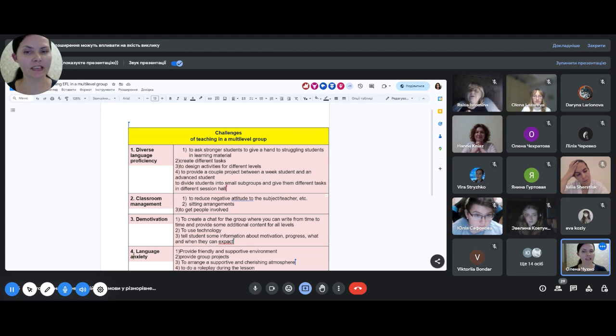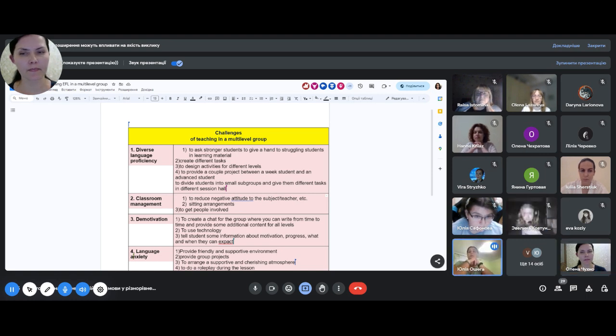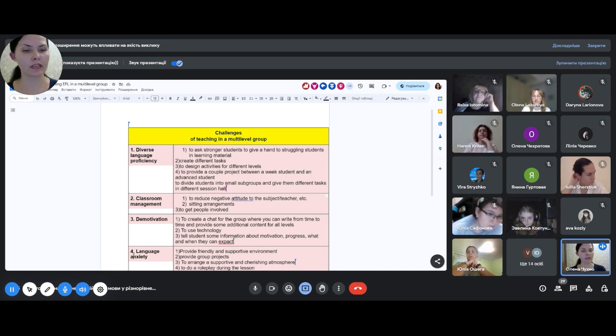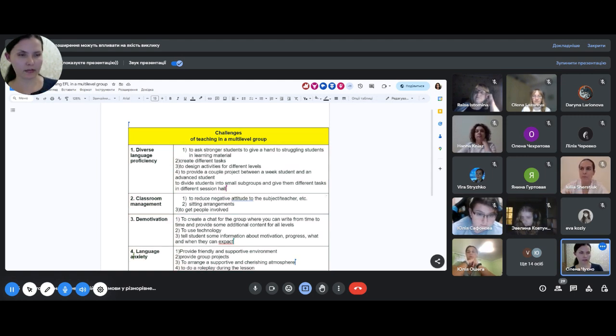Then create different tasks. What kind of tasks can we create? Can you provide at least one example? Different variants of one and the same task, or different tasks? Different variants. As Raisa Fedorivna mentioned, we can modify one and the same activity to teach several levels.